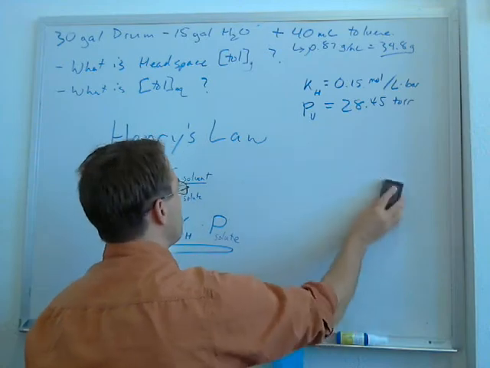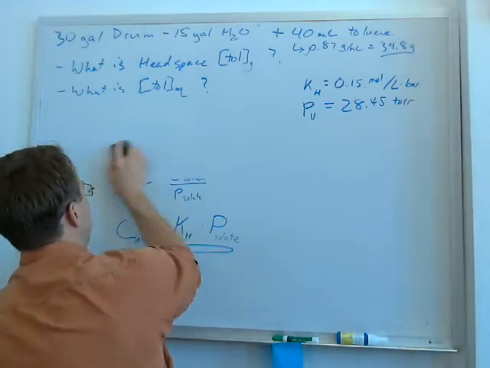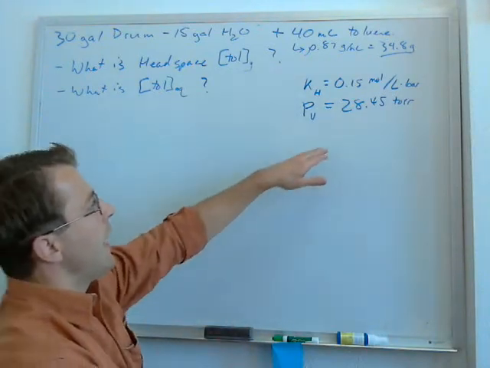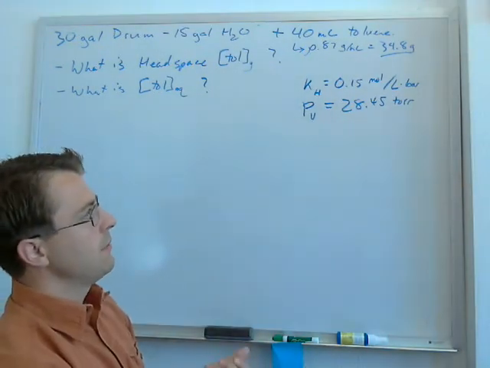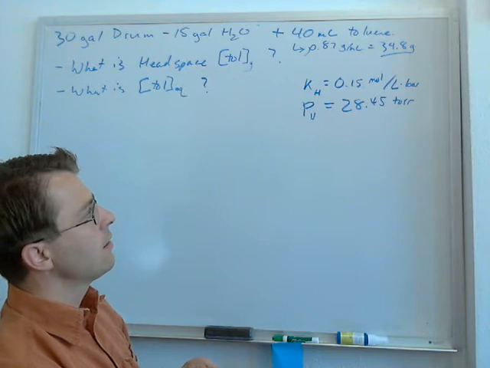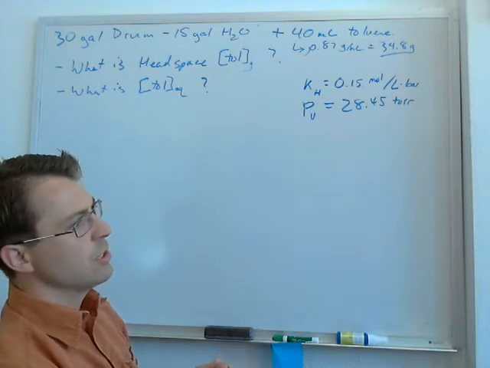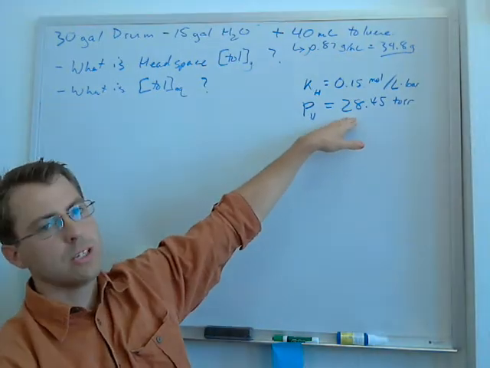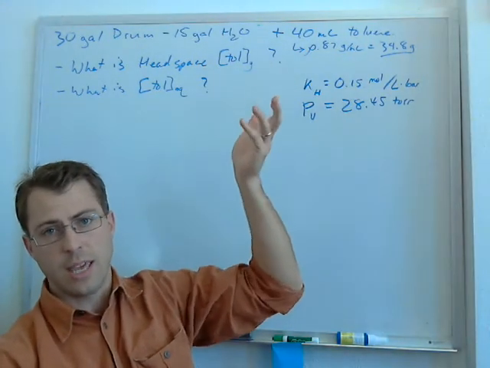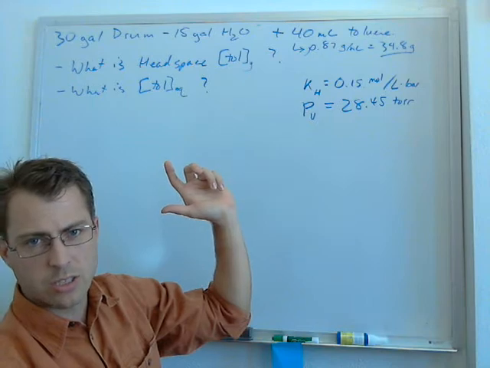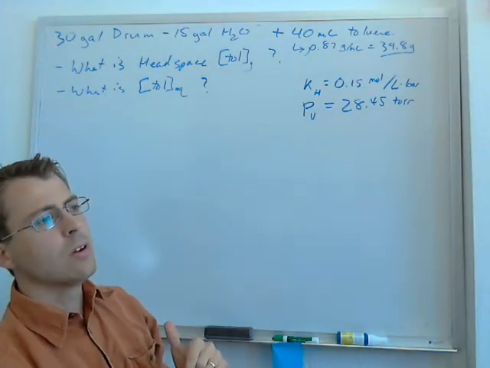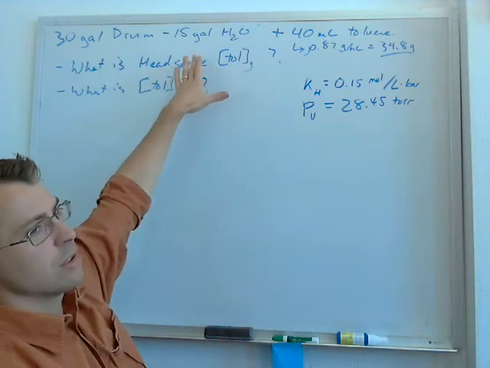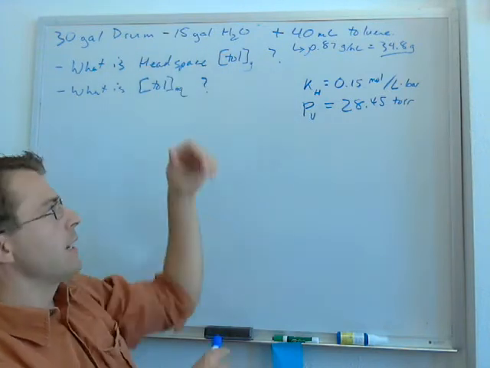Okay. So at 28.45 torr, that's definitely a pressure. We can calculate what the concentration of toluene will be in the water. We can also use this pressure to calculate what the concentration is in the air. These are both at saturation conditions. And then we'll multiply those concentrations by the volume. Each one of these is 15 gallons.